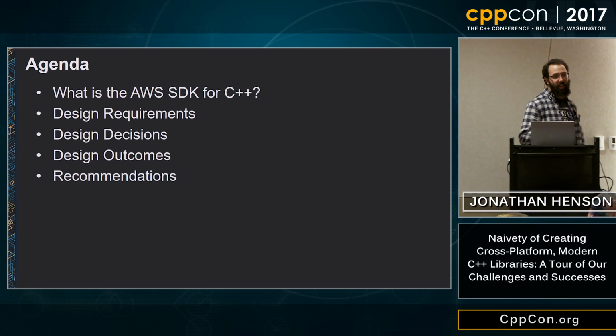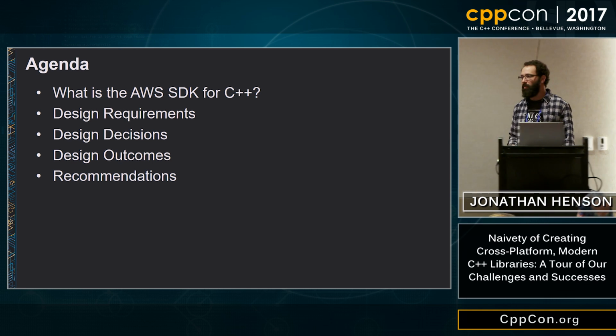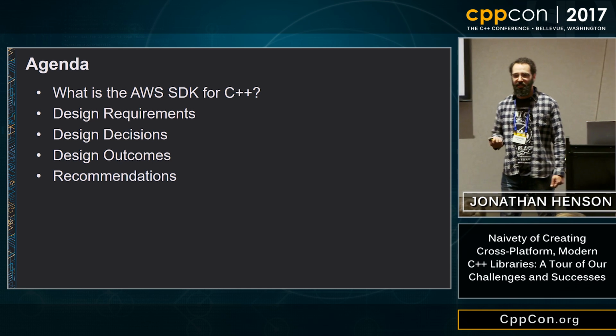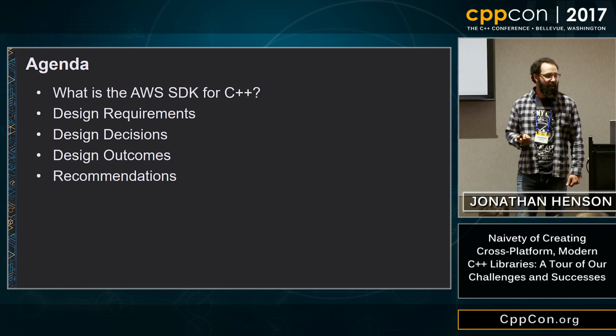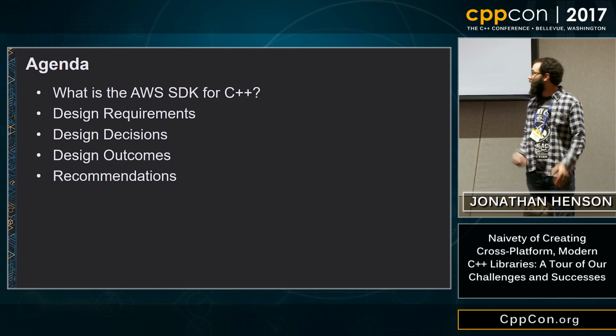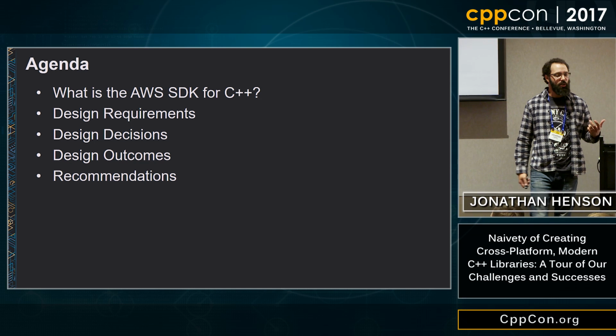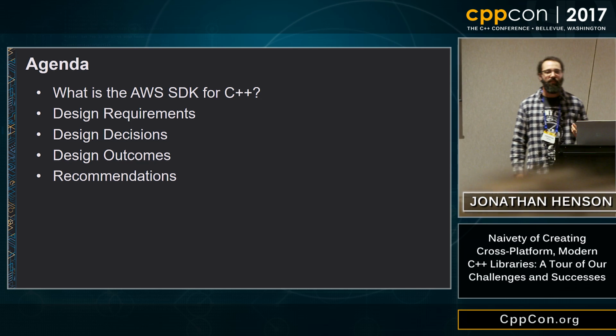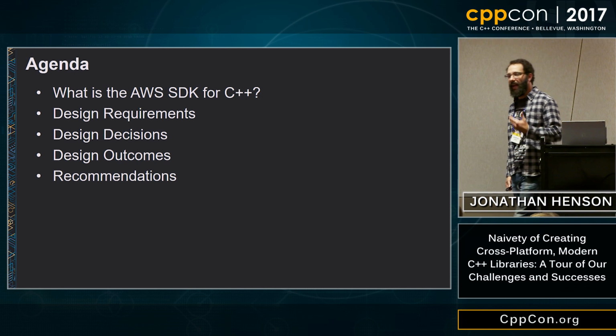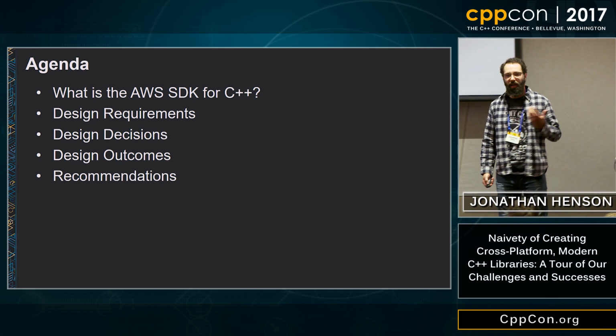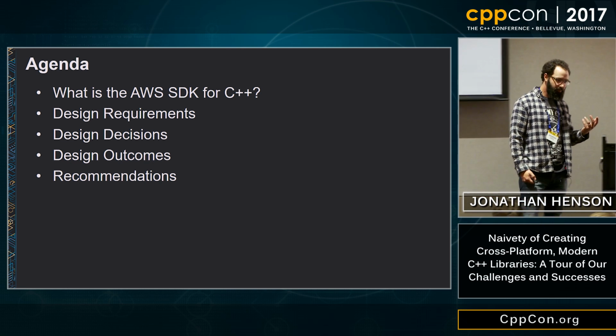And some notes on these recommendations. I know we're all a little bit rebellious being C++ engineers. These are not mandates or even necessarily always the best practice. They're questions you should ask yourself in the design phase. And if you come to different answers to those questions, that's great. Just ask the questions.